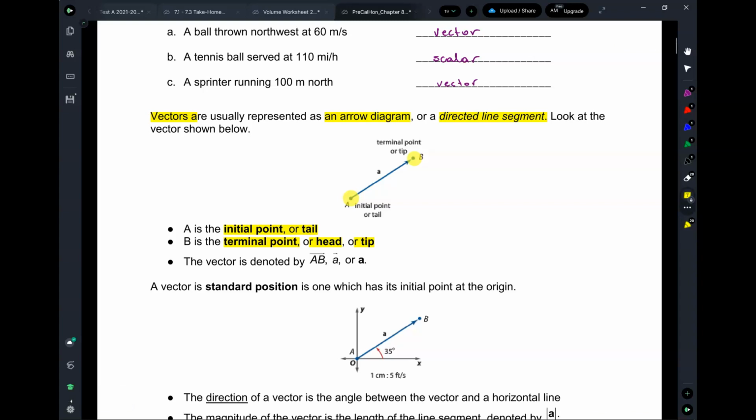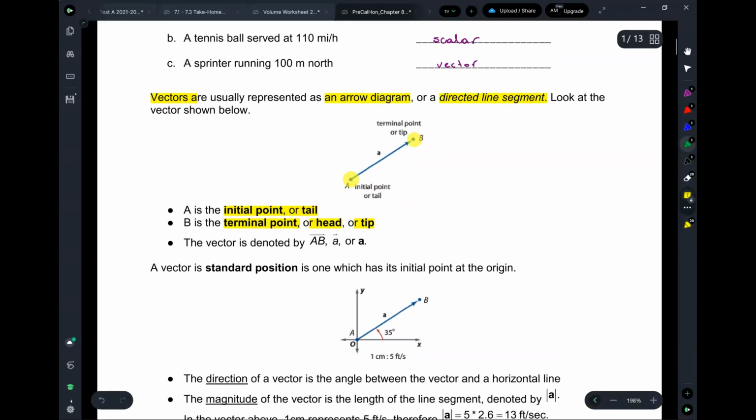I like initial and terminal point, or tip and tail, personally. The difference between a vector and a ray is that a ray stretches infinitely in one direction, the direction of the arrow. Not so for the vector. It points from A to B, and it ends at B as well. But the direction that it's pointing is there, okay? So it's a finite length.